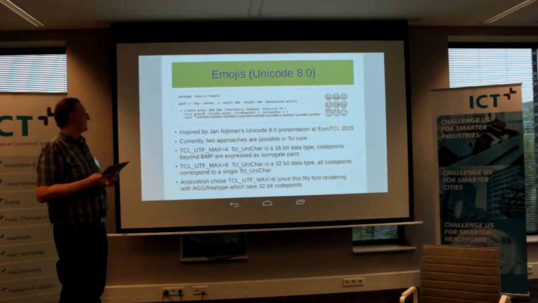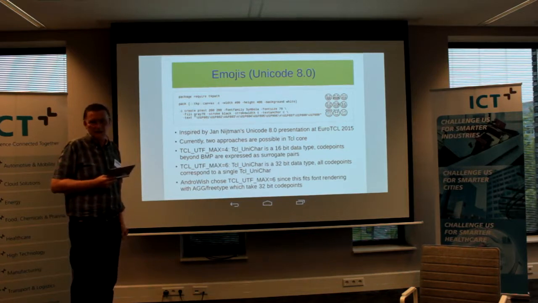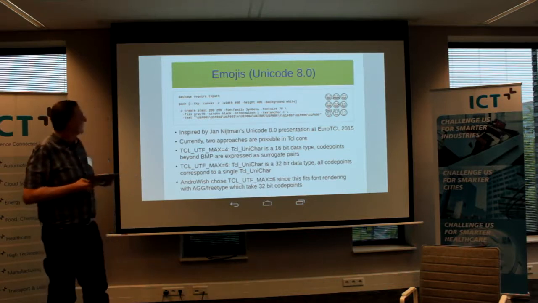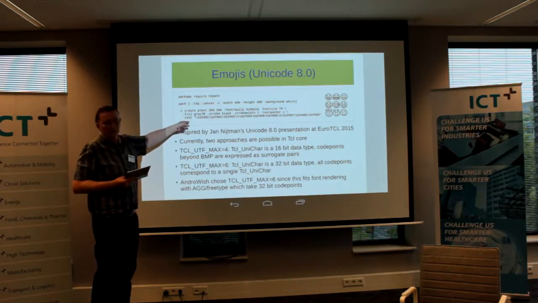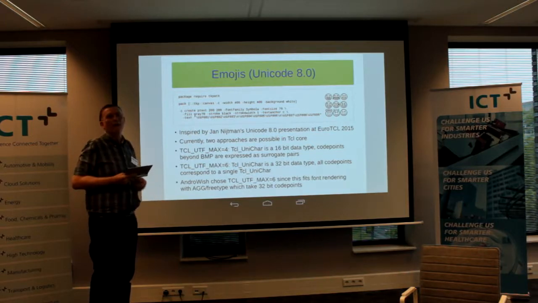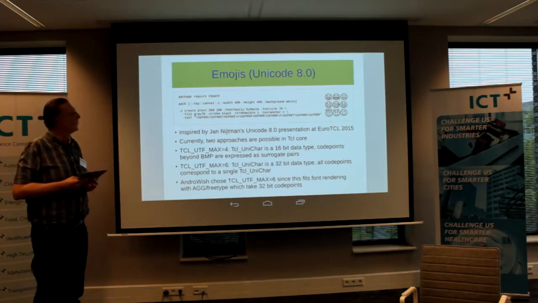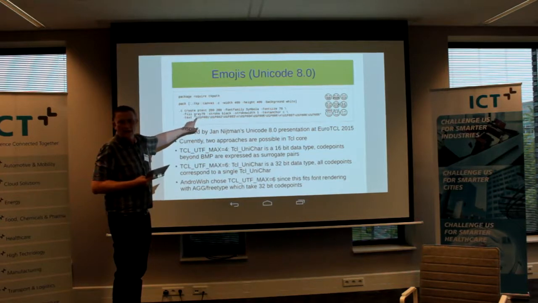But maybe the other way around is also possible, but this is not very well tested. So in principle, this enables the syntax with the uppercase U in order to write hexadecimal representations of the full Unicode range. In contrast to the normal lowercase u, where you can only express the basic multilingual plane.